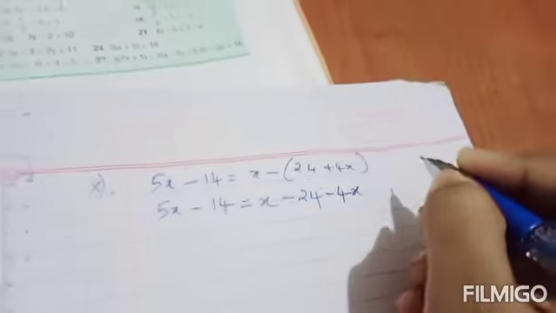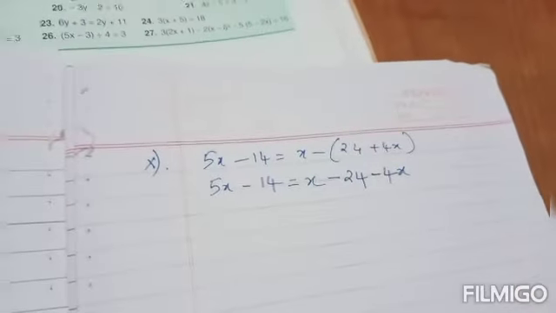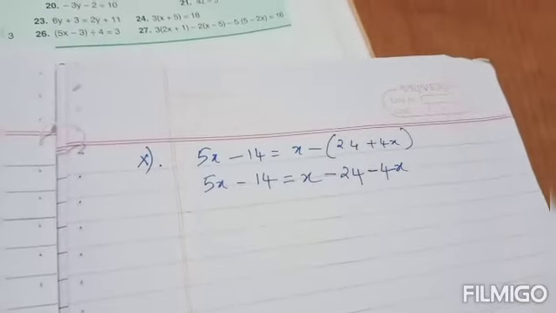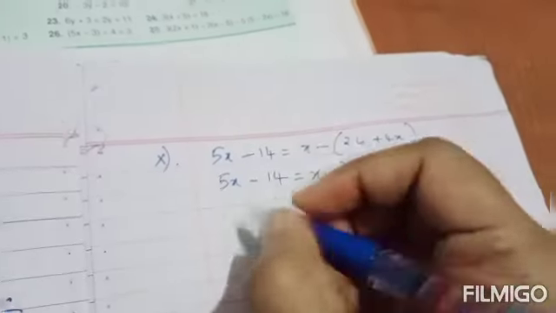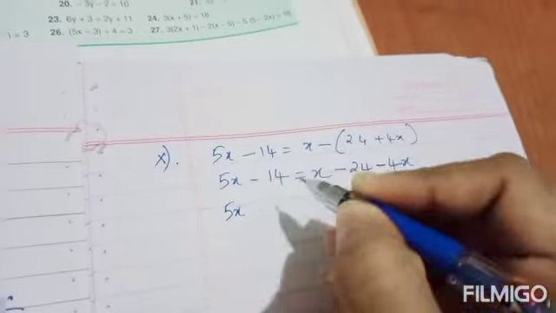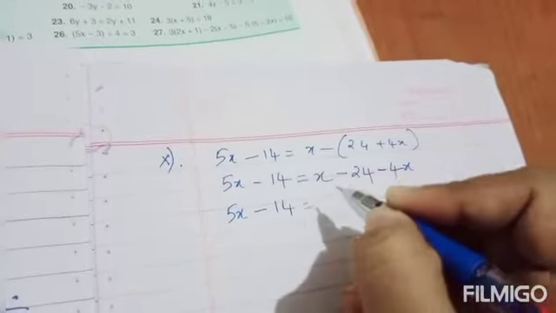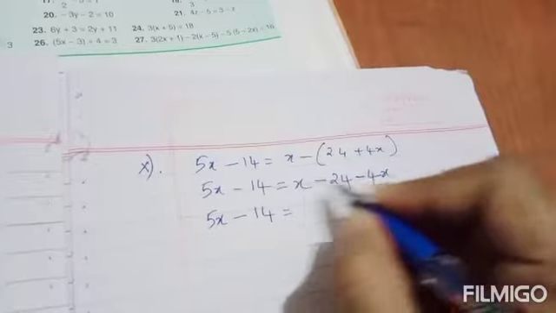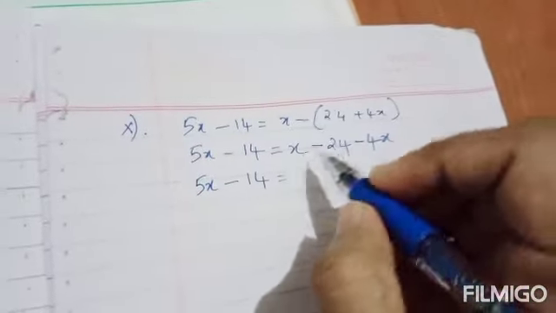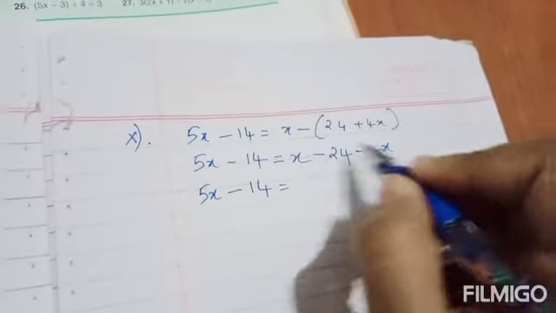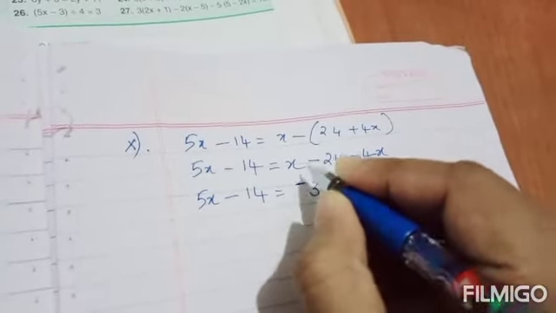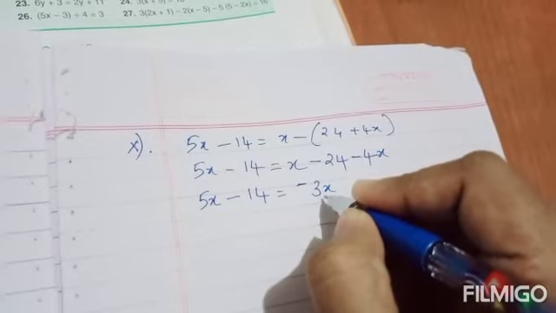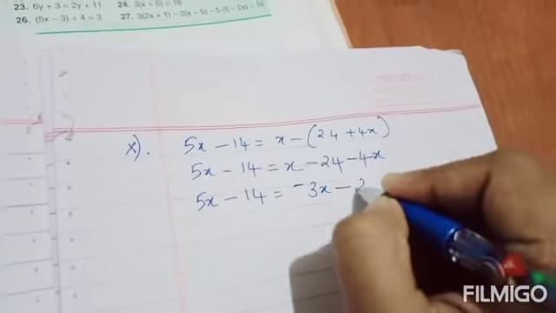Okay, now you can bring together like terms in one part or variables in one part and numbers in other part. So 5x minus 14 equal to, before that we can subtract x minus 4x. Okay, x minus 4x, these are like terms, so that will become minus 3x, minus 24.